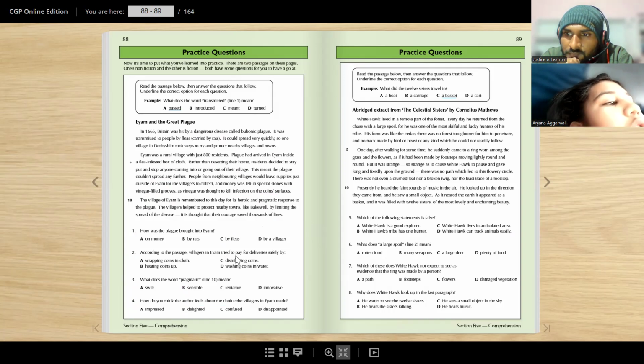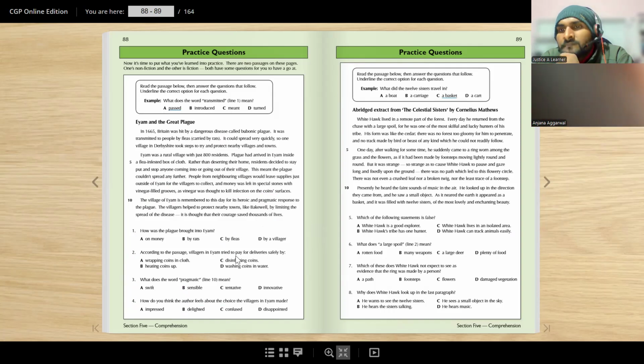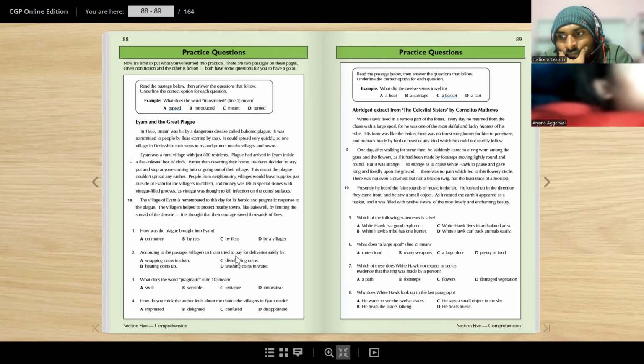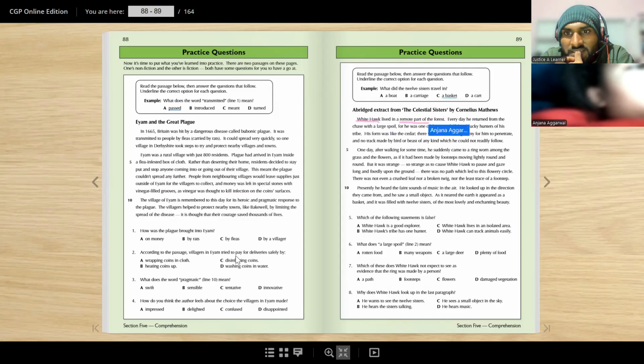It says, abridged extract from The Cedar Sisters by Connelly Matthews. White Hawk lived in a remote part of the forest. Every day he returned from the chase with a large spoil.